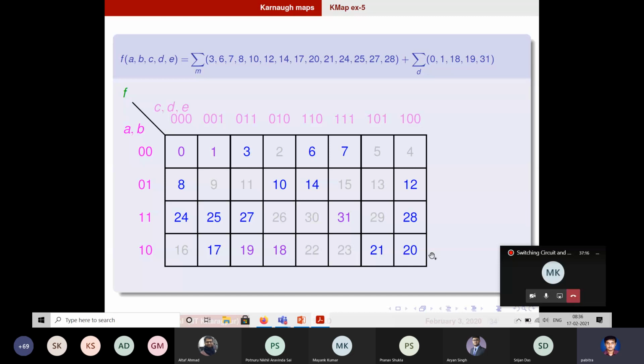No, it doesn't help. I think these are the only ones. Let's write down. So this is simple, following the reflection rule as well as the wrapping around rule. This is following the wrapping around rule. Note that here this 1 as well as 19, these don't cares have helped me form this cube.